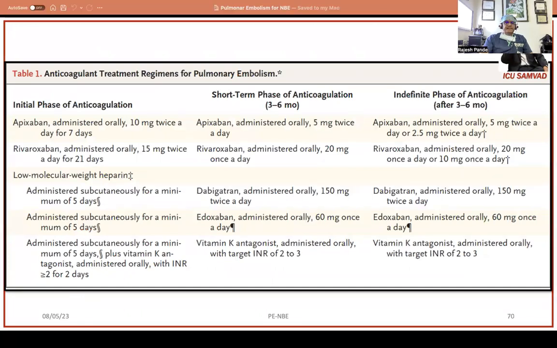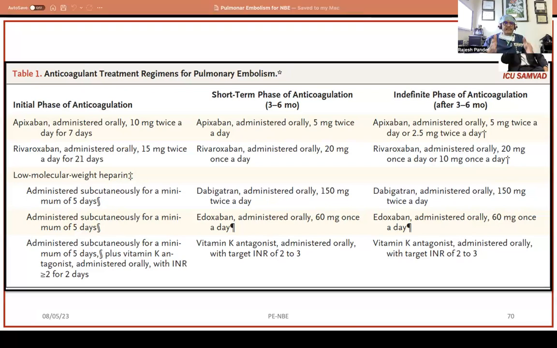thromboembolism. These are the drug doses of DOACs that you can see. In the short term, you can start initially with a higher dose, say apixaban 10 milligram BD for 7 days, then come down to 5 milligram BD, or rivaroxaban 15 milligram twice a day for 3 weeks, and then you can come down to 20 milligram once a day.